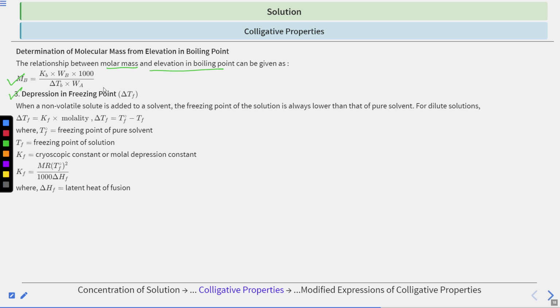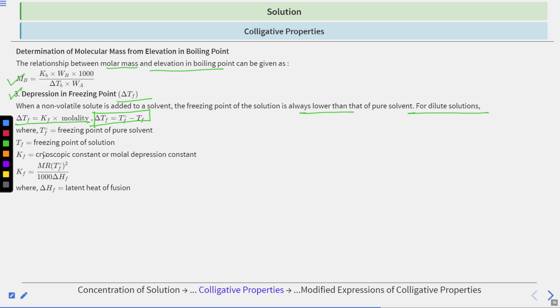Depression in freezing point is represented by del TF. When a non-volatile solute is added to a solvent, the freezing point of the solution is always lower than that of the pure solvent. Okay, so for dilute solutions, del TF is given by Kf multiplied by molality, and del TF we can write as TF naught minus TF, where TF naught is the freezing point of pure solvent and TF is the freezing point of the solution.